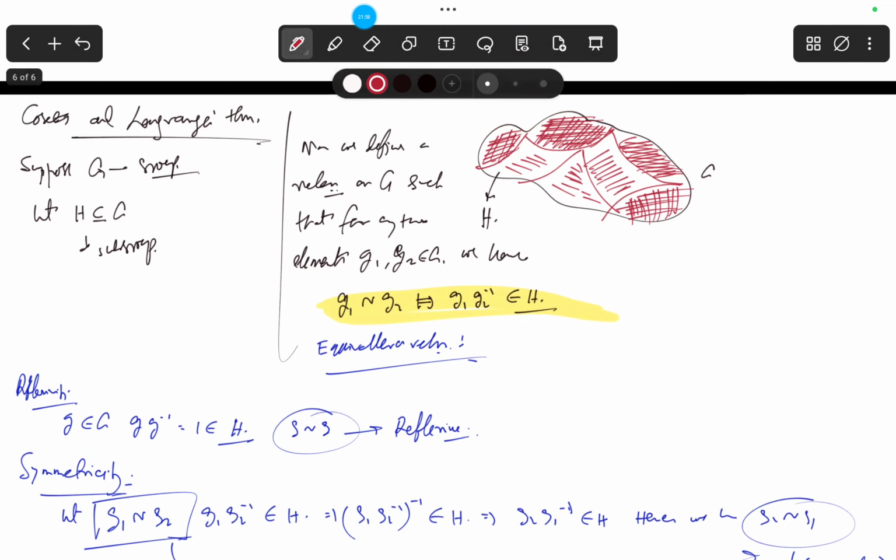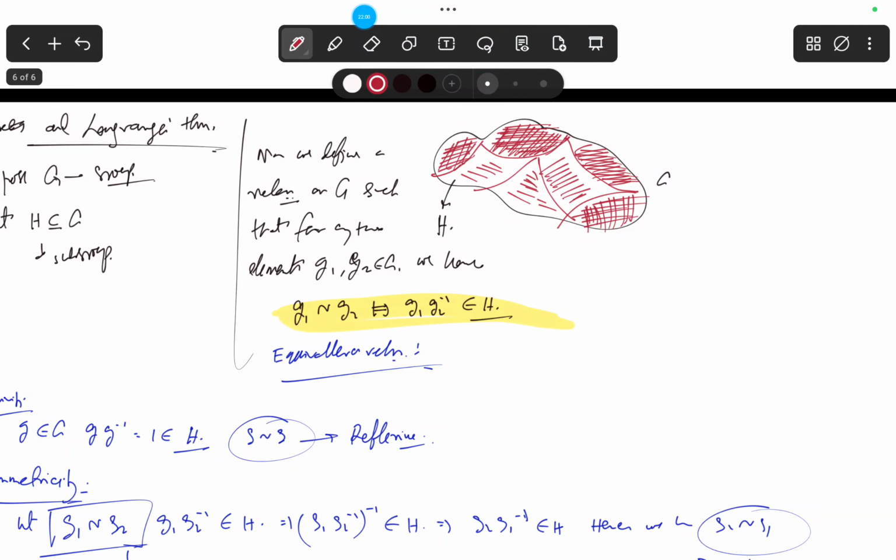But our main concern is how the equivalence class will be looking. So let us consider the class of some small g in capital G. We take a particular element small g and take the equivalence class of that.